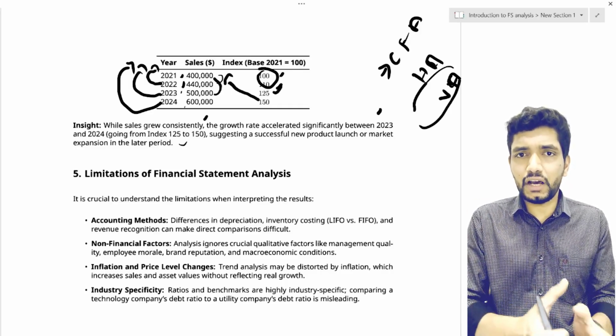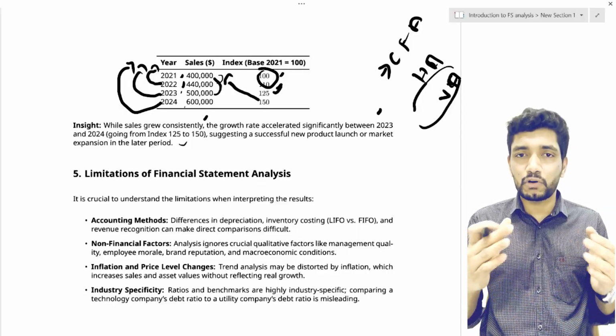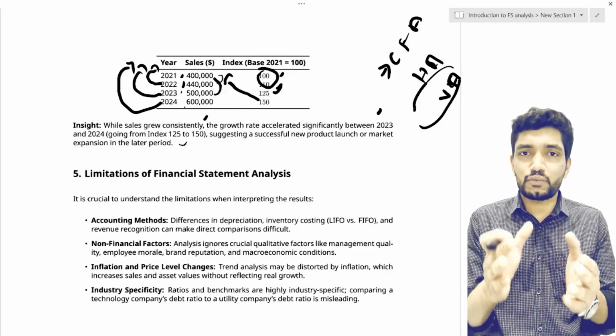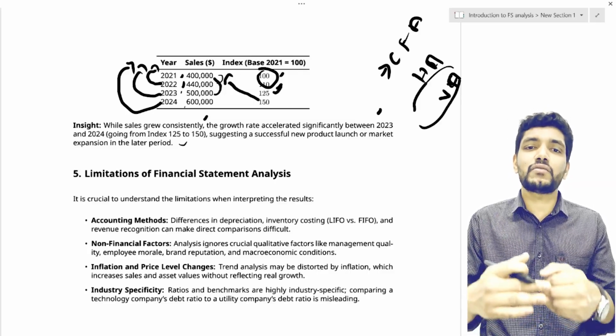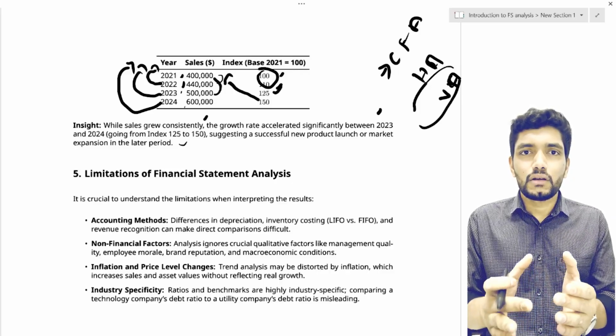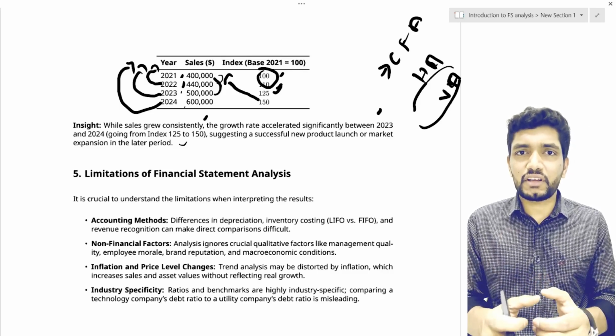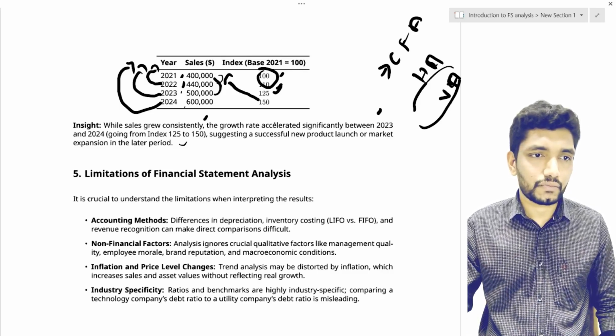percentage of this value. That means when it comes to the income statement or profit and loss account, sales is expressed as 100%. Again, when it comes to the balance sheet, total asset is expressed as 100%.